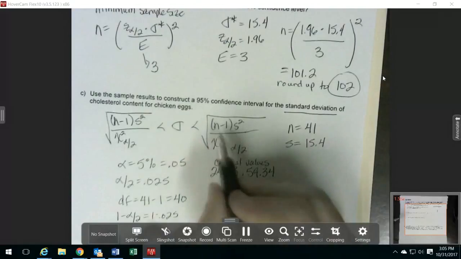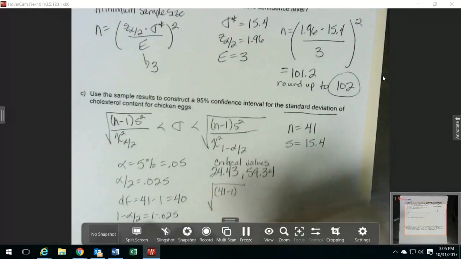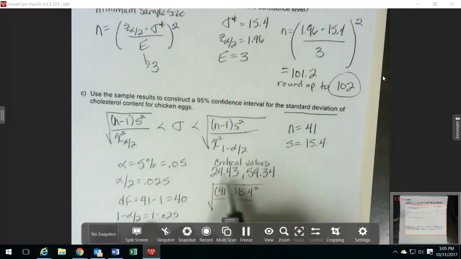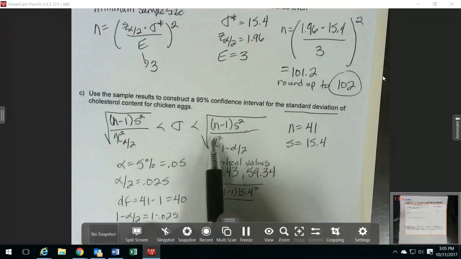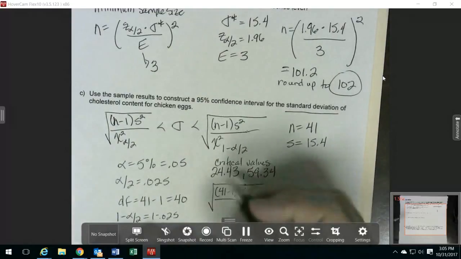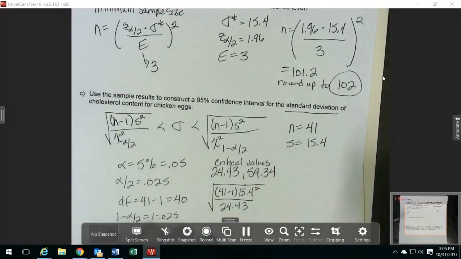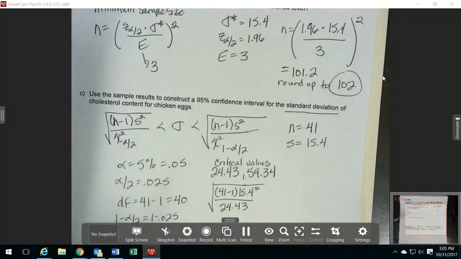Okay, so now I'm going to plug everything into these two formulas. So I have 41 minus 1 times 15.4 squared. And again, it doesn't really matter which side you do these on. When you get ready to say what your confidence interval is, just put the smaller of your two results first. So I'm going to put the 24.43 here and calculate that out.